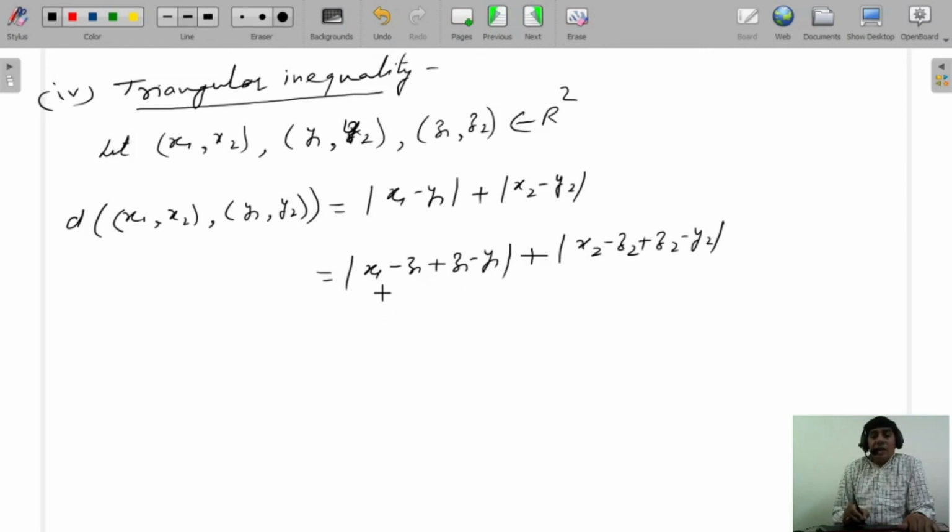In the first modulus we add z1 and subtract z1. In the second modulus we add z2 and subtract z2. Adding and subtracting the same quantity, there is no change.